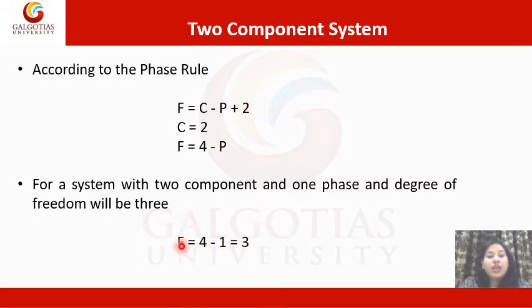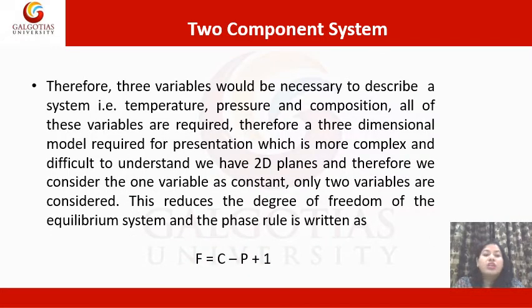That is, F is equals to 4 minus 1, which is equals to 3. Therefore, three variables would be necessary to describe a system. That is, temperature, pressure, and composition.